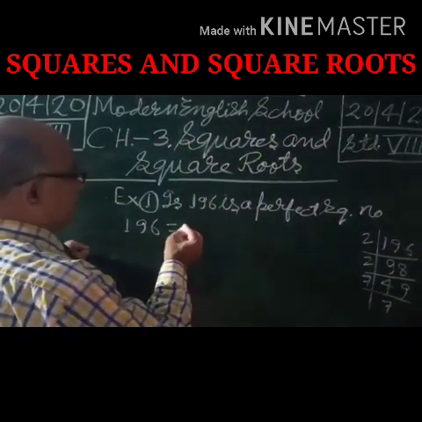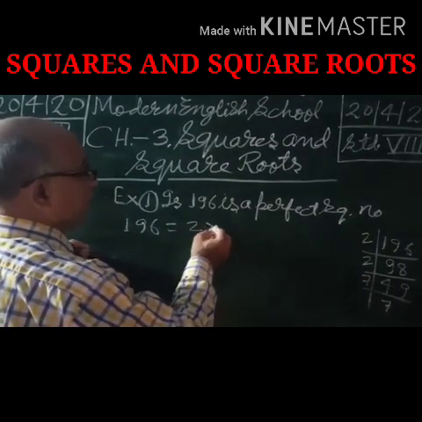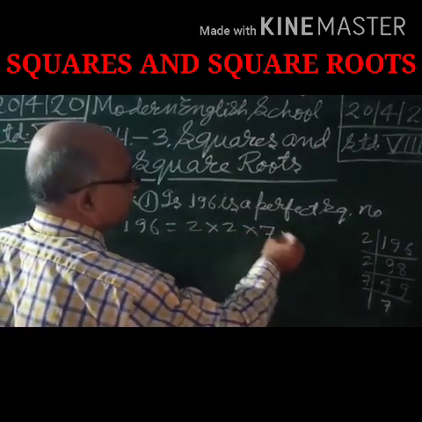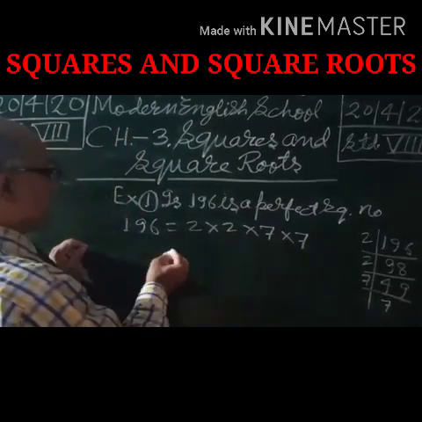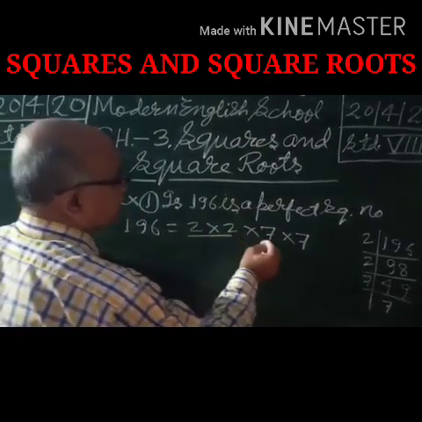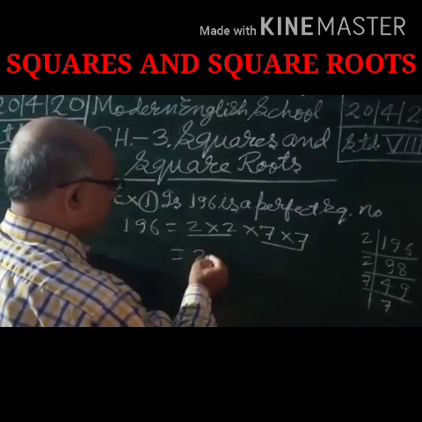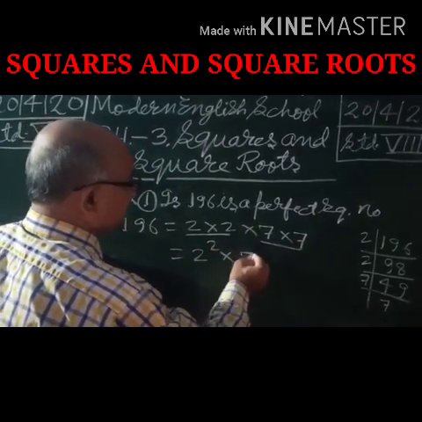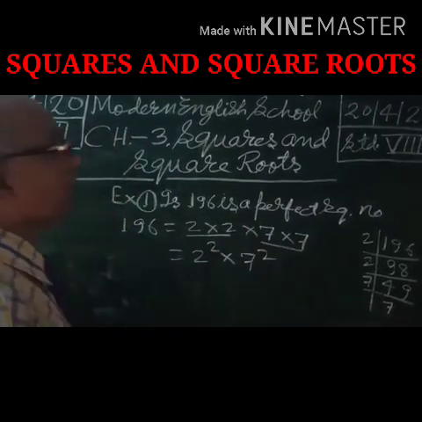So 196 equals 2 into 2 into 7 into 7, in pairs equals 2 squared into 7 squared.